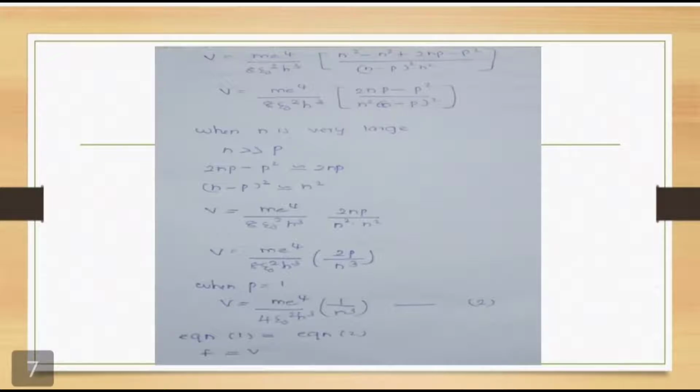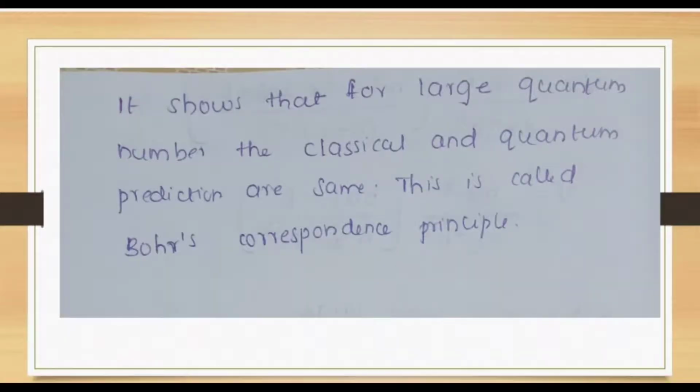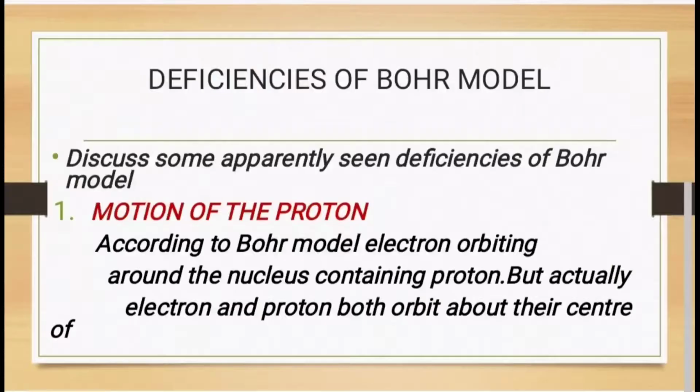When p = 1, then ν becomes me⁴/(4ε₀²h³) × 1/n³. This is equation 2. On comparing equation 1 and 2, we get f = ν. It shows that for large quantum number, the classical and quantum predictions are the same. This is called Bohr's correspondence principle.